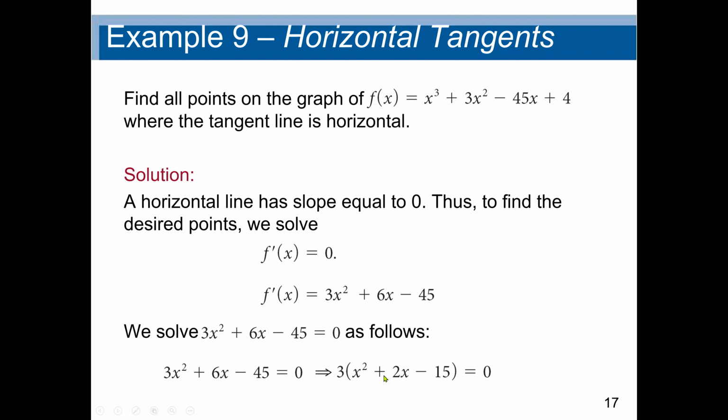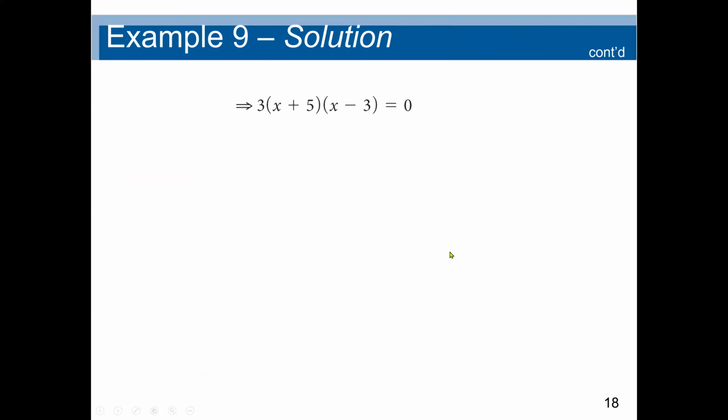And 5 will be positive. So positive 5 times negative 3 will give me negative 15. Then combining positive 5 and negative 3, I'll get positive 2. So we have plus 5 and negative 3.